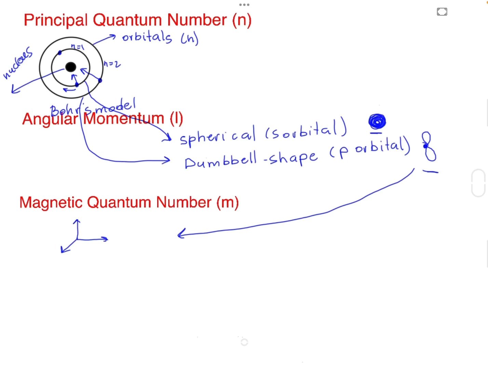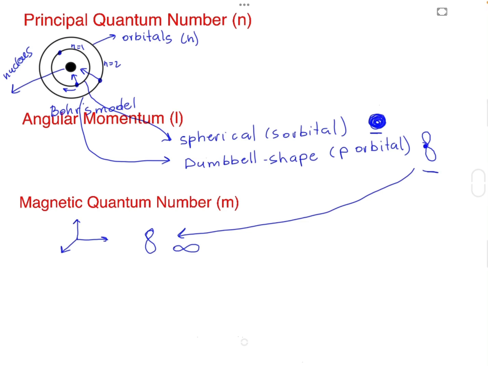The second one, the P orbital, has three different orientations. They stand in three different directions. The first one would be like that, just as I draw. The second one will be like that, more horizontal.